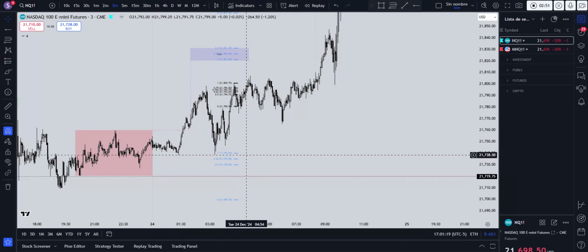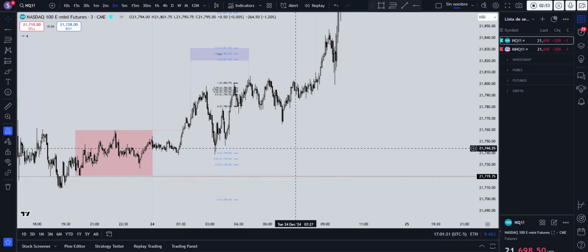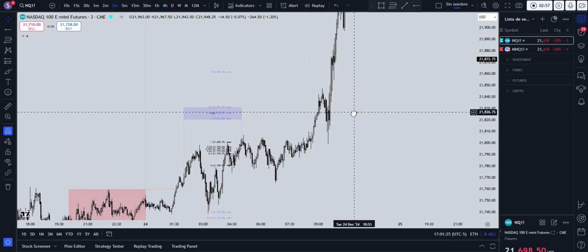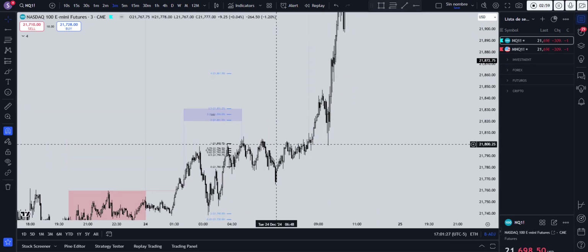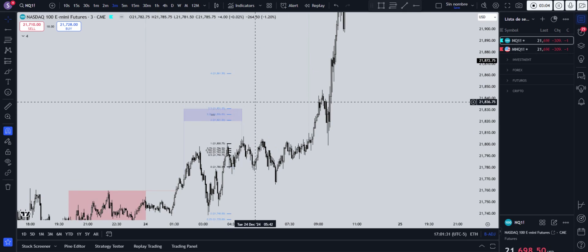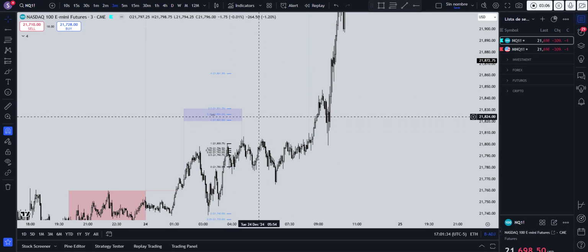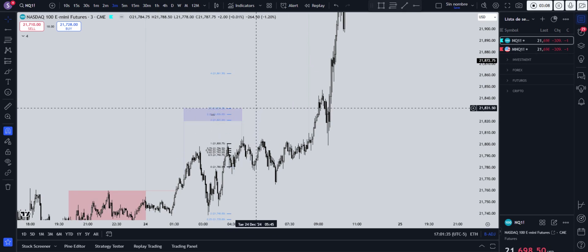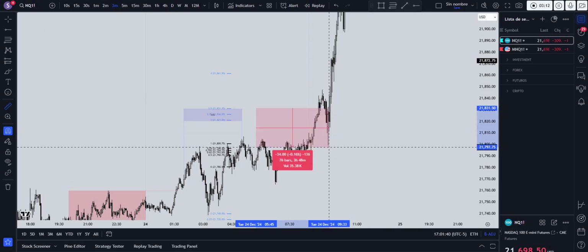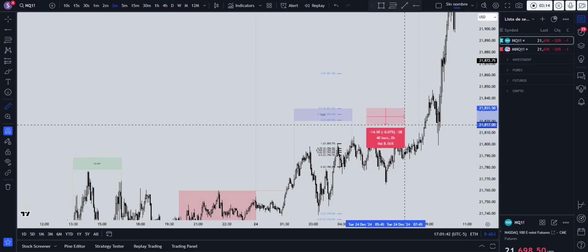So if we don't touch these ones, then just leave it there. And if we rally through these ones, our bias is going to change. So in this case, you can see it, we didn't get a reaction off of any of these levels, right? Not a clean reaction, like maybe could have got this, but there's not a reversal, right?